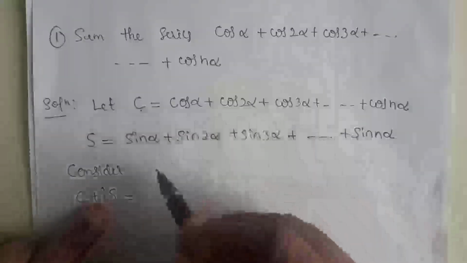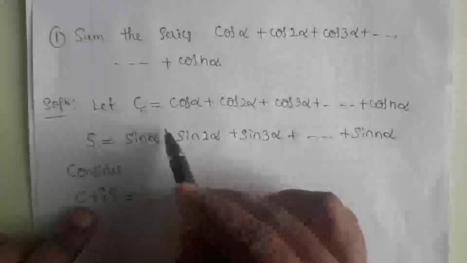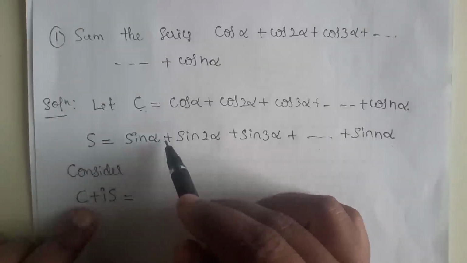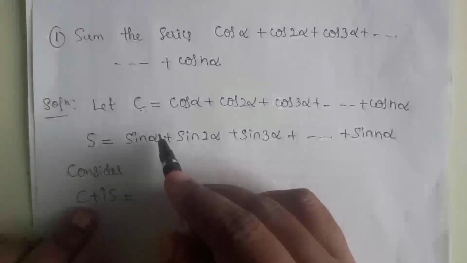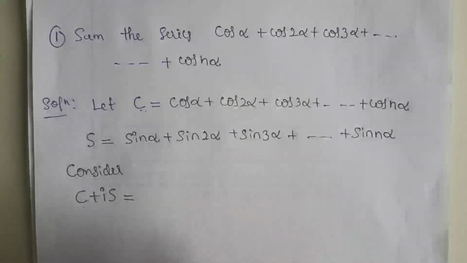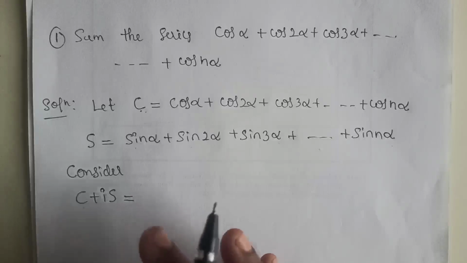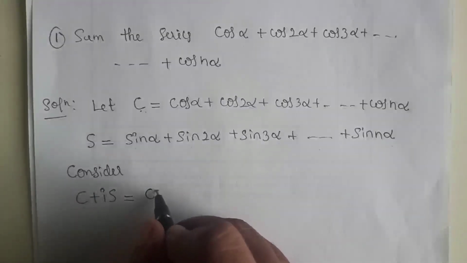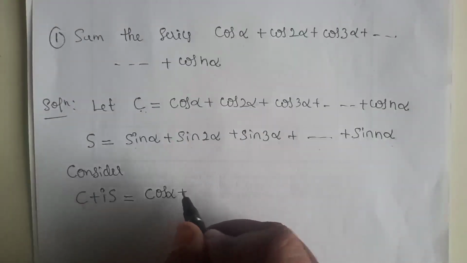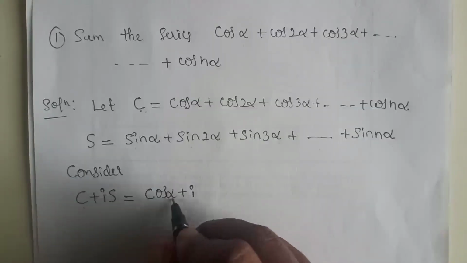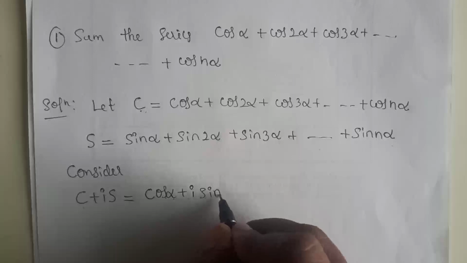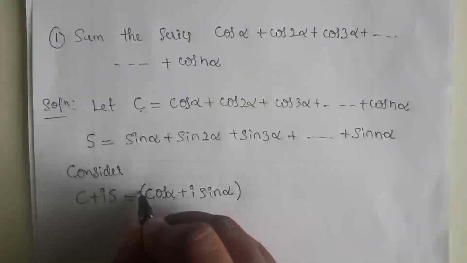Next we add this i sin series with the cos series. On adding, we group all the same-angle terms on one side, that is, we get cos alpha plus i sin alpha. This is the first one.